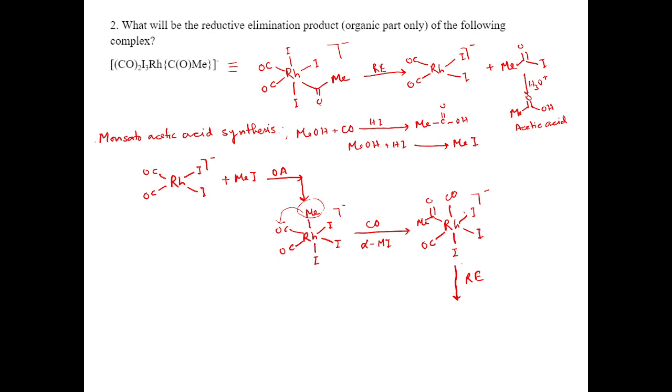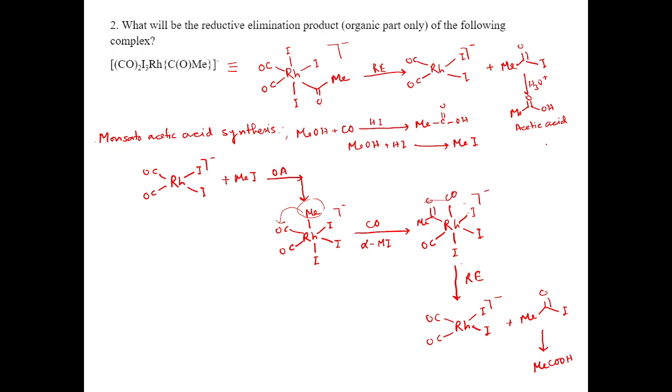These groups are cis to each other, so it can undergo the reductive elimination reaction, and eventually the metal complex will be regenerated like this, and after that you will get this, and eventually if you hydrolyze this you will get acetic acid.